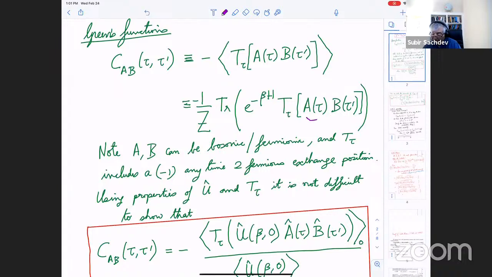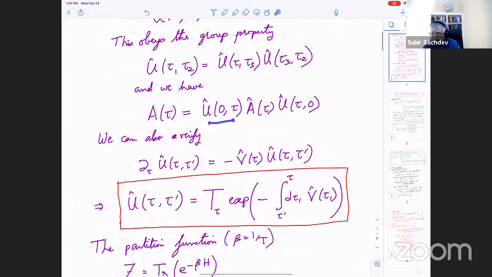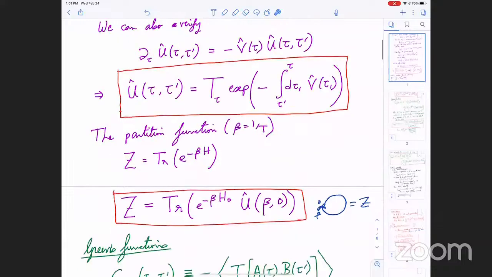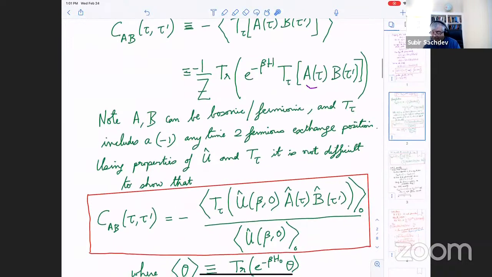One is the time evolution of A of tau and B of tau prime, which comes in with different factors of U. But this e to the minus beta H is also like a time evolution of time beta. I didn't quite show you the intermediate steps, but you can combine all the different time evolutions inside the time ordering symbol into just one basic time ordering.